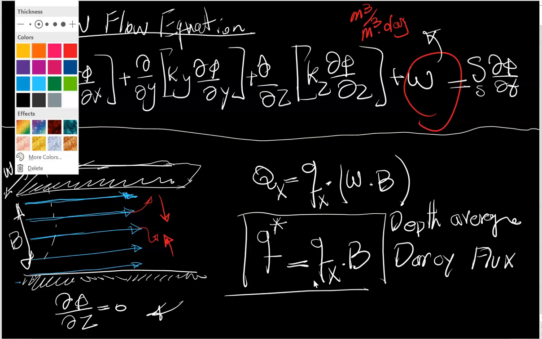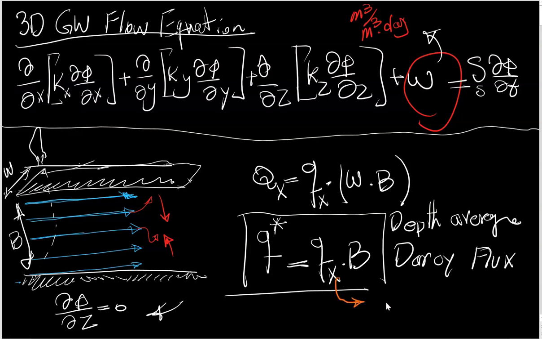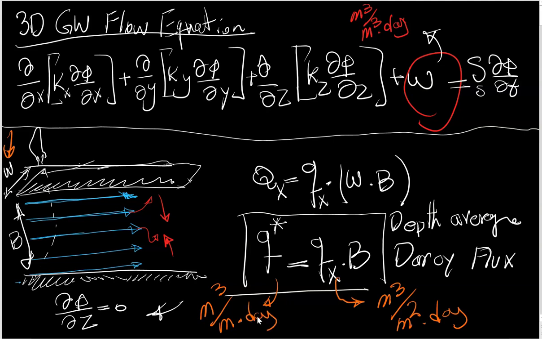The unit of q is the volume of water which passes through the unit area per day, right? But Q star is the volume of water which passes through the unit width of the aquifer, thus W, per unit time.